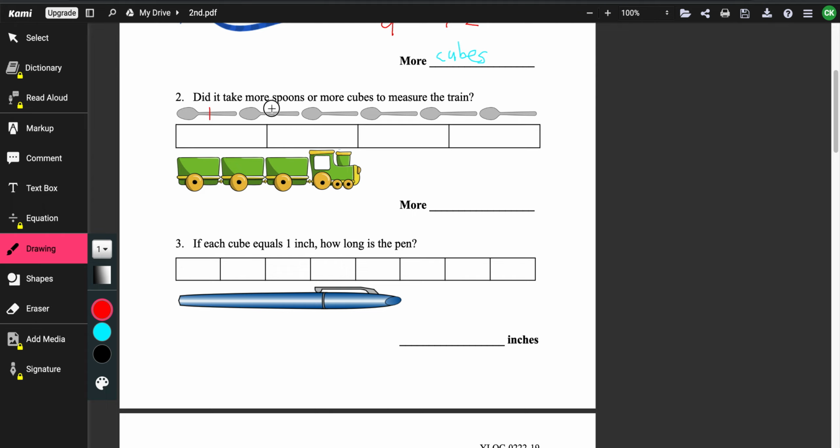There were 1, 2, 3, 4, 5, 6 spoons, and 1, 2, 3, 4. There were 4 cubes used to measure the train. And what's bigger, 6 or 4? 6 is bigger, right? So there were more spoons to measure the train compared to the cubes.